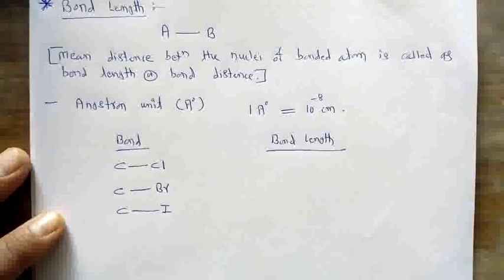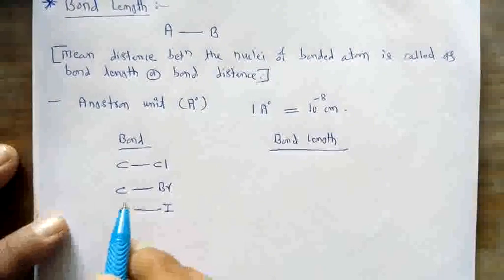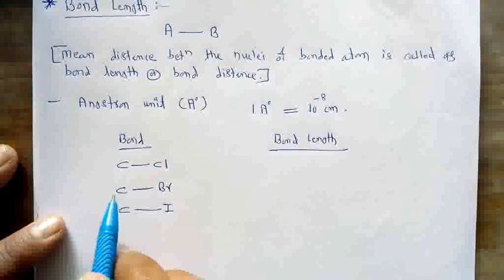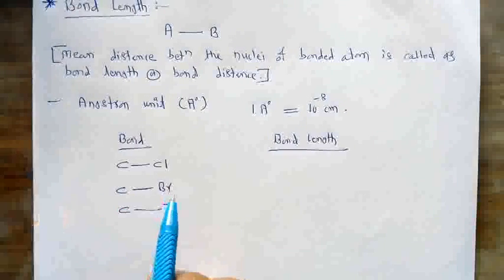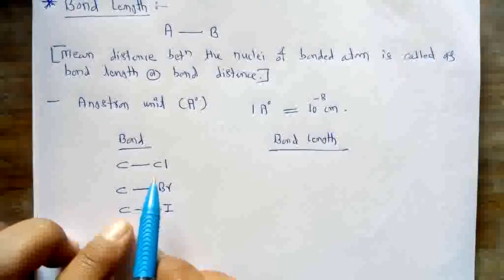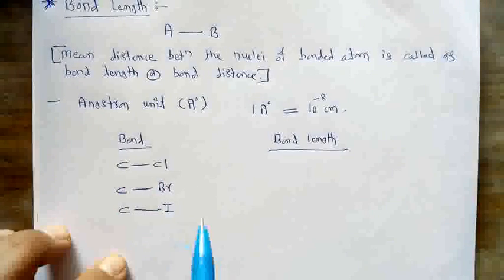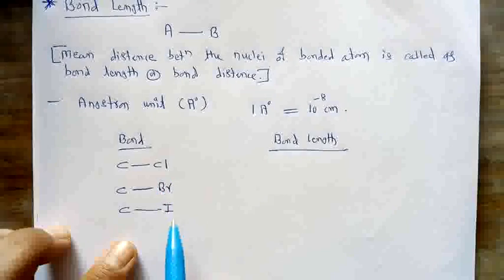The atoms present in a molecule affect the magnitude of the bond length. For example, in these particular bonds the carbon atom is common, but we change the second atom, that is a halogen atom. We are going from chlorine to iodine.